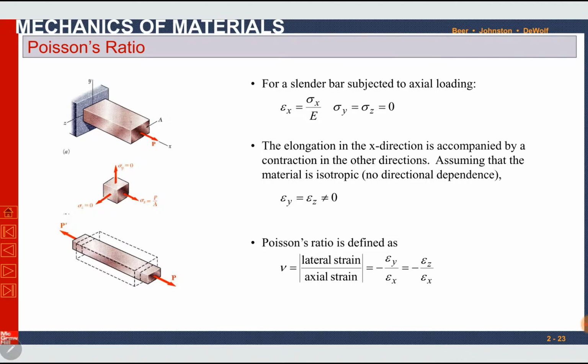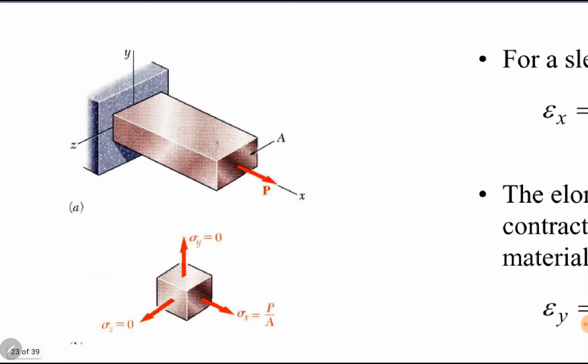Let me assume a bar here which is subjected to an axial load P. This force P is tensile, so definitely this body will elongate. It has been fixed at the other end, so the body will try to elongate.